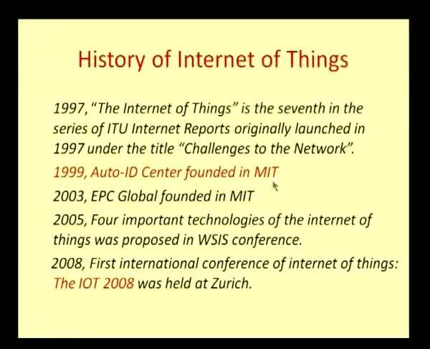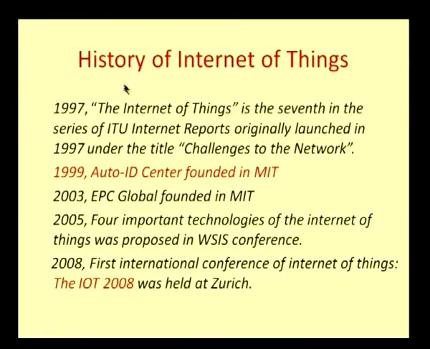Auto ID means automatic detection of the various parts in the assembly line. Whenever a part is missing, automatically you can identify that that part is missing. So, for that only they used the Auto ID Center, and in 2008 we had the first international conference of Internet of Things, IoT 2008 in Zurich.